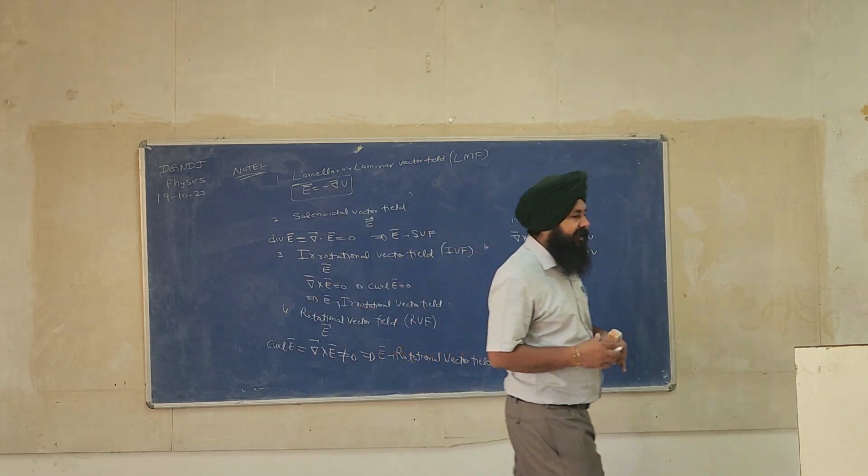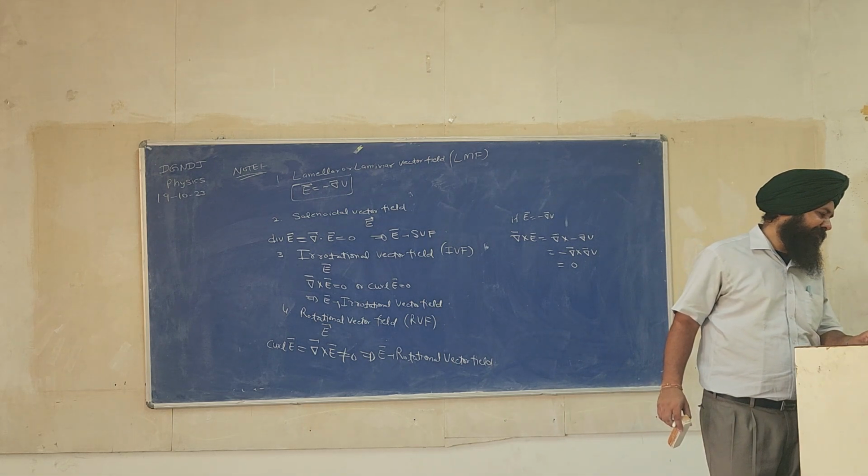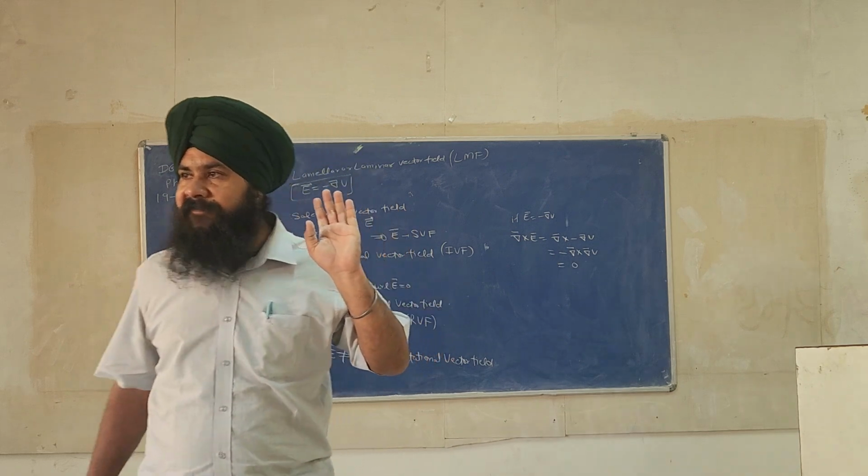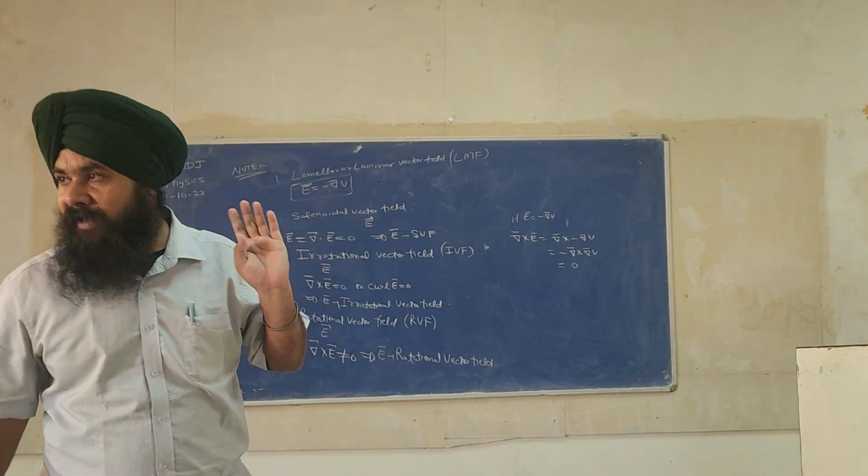So this is the condition of the lamellar vector field. Okay. Understood the physical significance of curl?